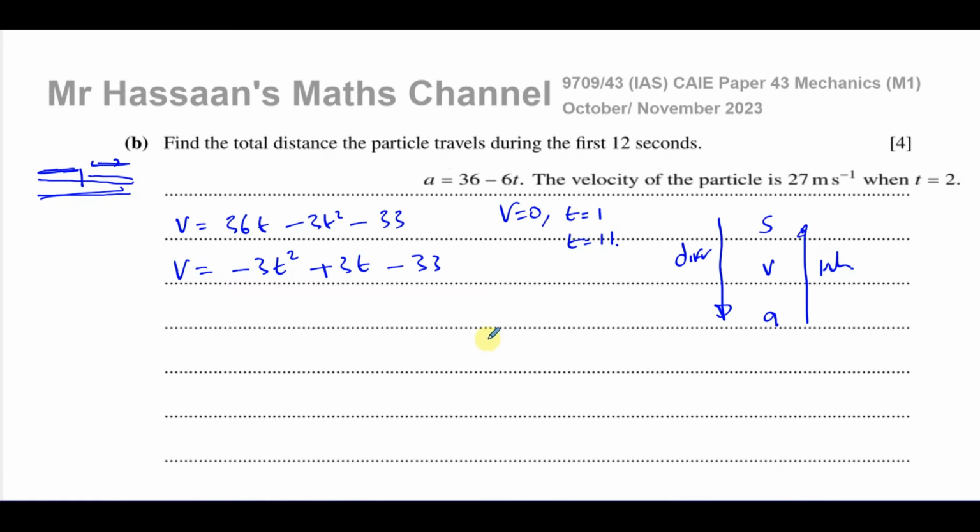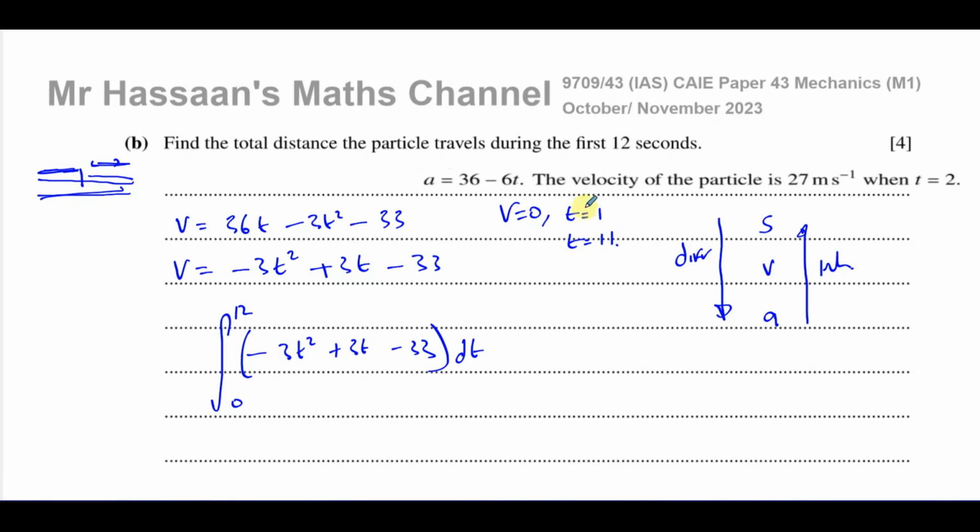So if I just went and integrated this, minus 3t squared plus 36t minus 33, with respect to t between the limits of 0 and 12 for the first 12 seconds, then if there's a change in direction it won't give us the distance traveled, it will just give us the displacement.